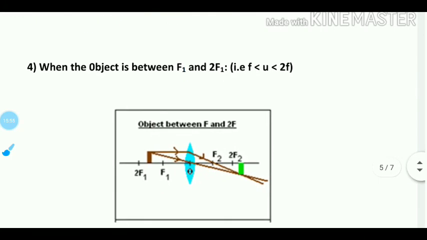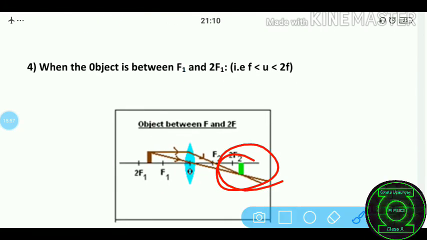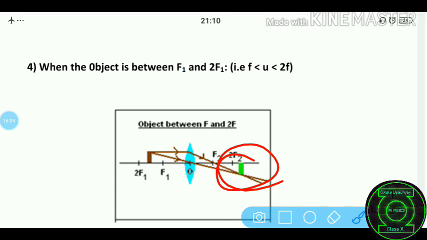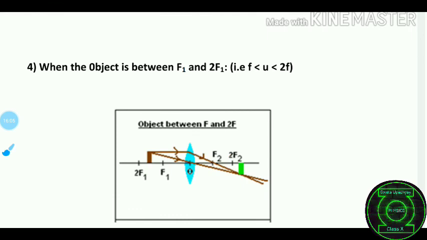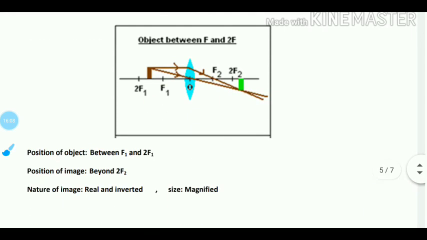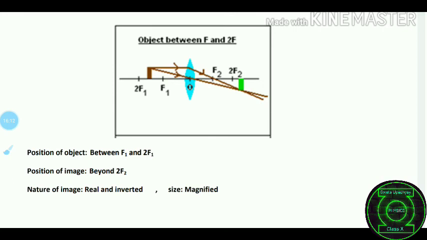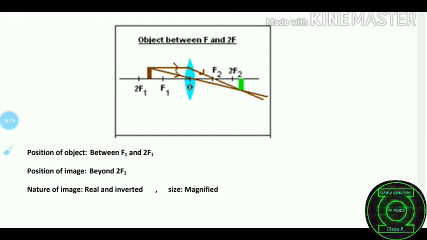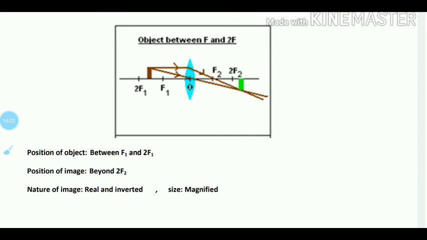These two rays meet at a point after 2f2. Hence, from here you can write the position and nature of the image. The position of the image is beyond 2f2. Nature is real and inverted. And the size of the image increases, hence we can write magnified.